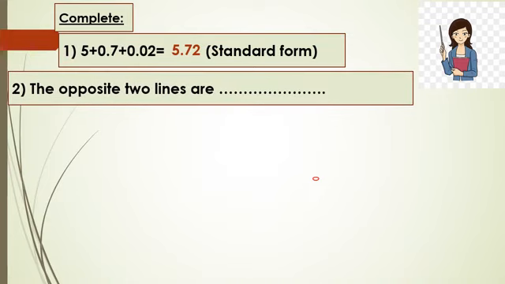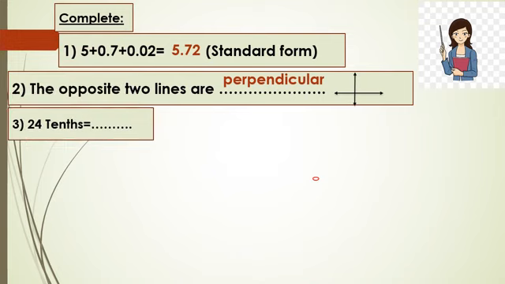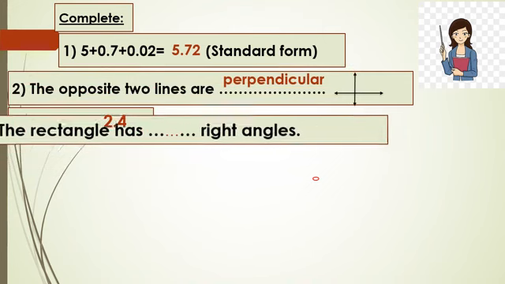Number 2. The two straight lines intersect and form four right angles. So the relation is perpendicular. We write perpendicular. Number 3. 24 tenths equals 2.4, or 2 and 4 tenths.